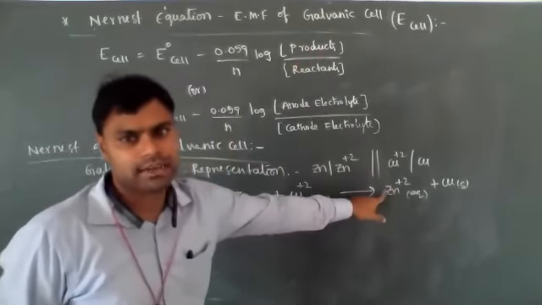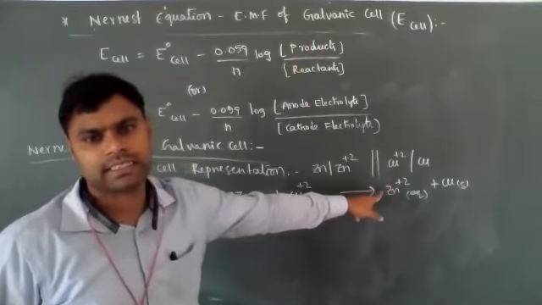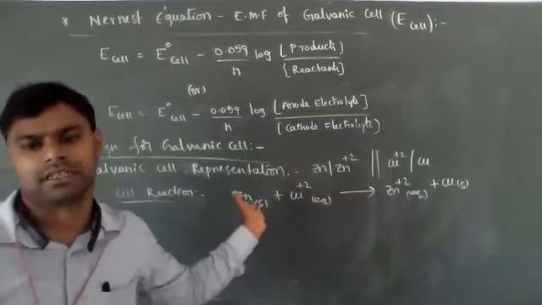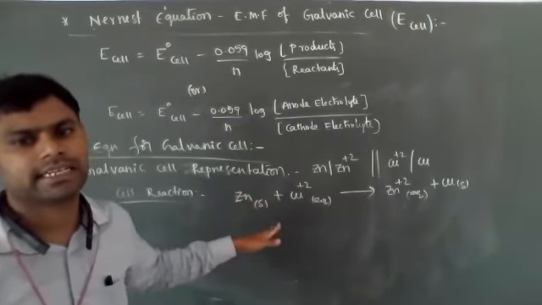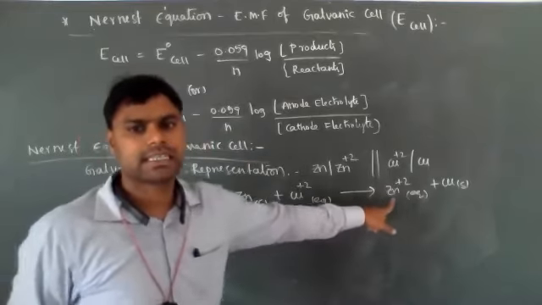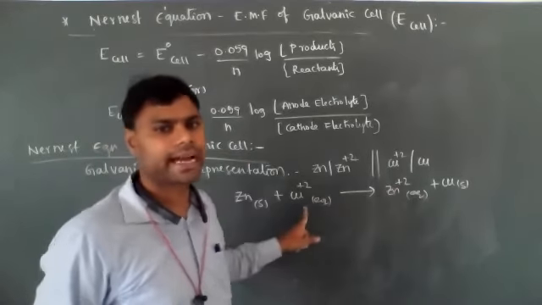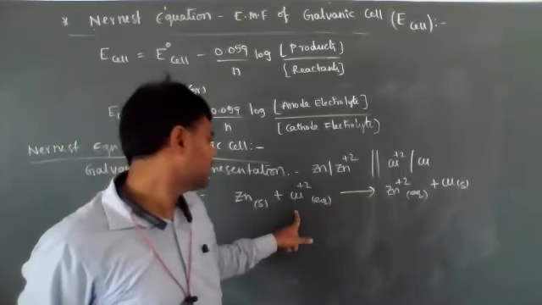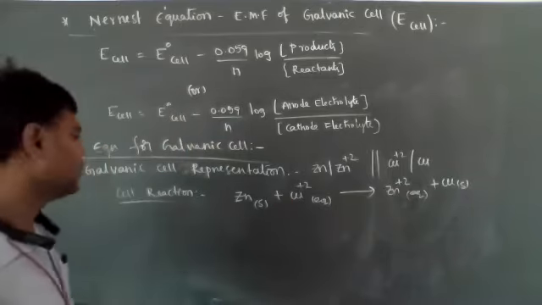Zinc is the anode, Zn2+, zinc sulfate electrolyte is present on the anode side. Copper sulfate electrolyte is present at the cathode. That's why product by reactant: product is Zn2+, reactant is Cu2+.